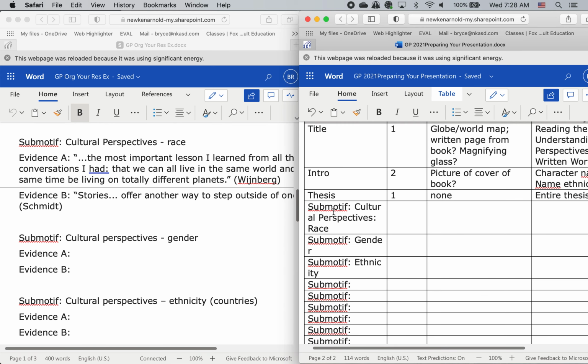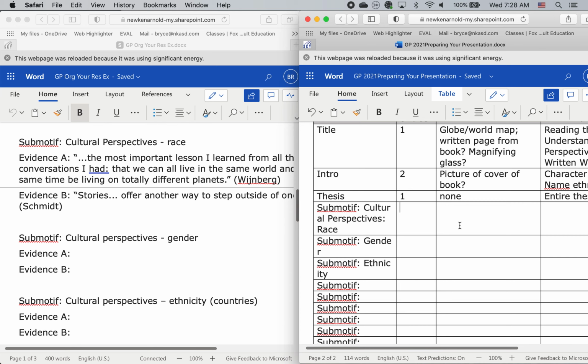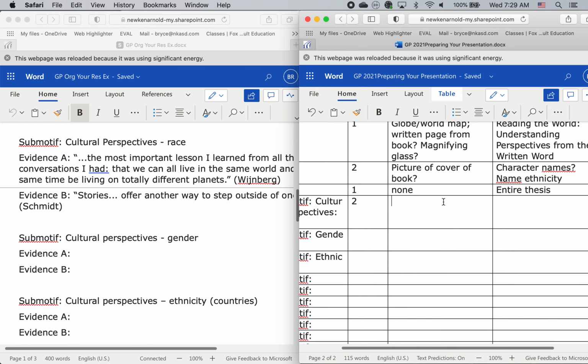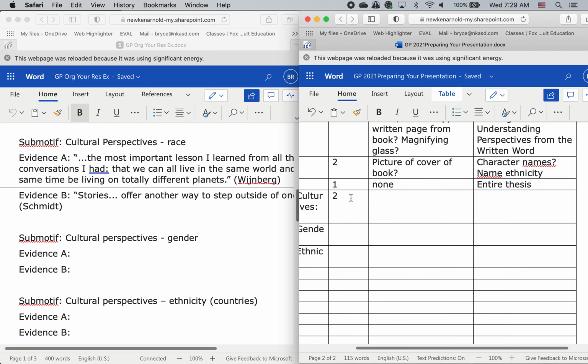Okay, so I'm probably going to, if I look at cultural perspectives and race, I might have, let's say, 2 slides for this. One, I'm going to think about, because I'm going to have one that's for, let's say, African American or Black.